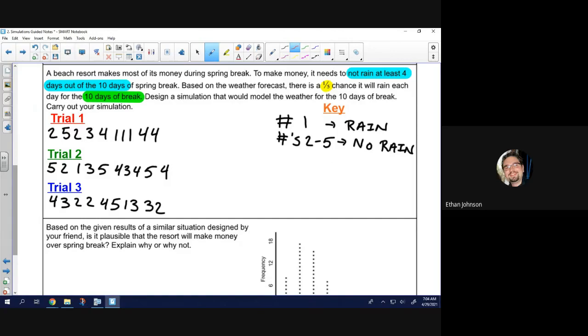So looking at our trials, I have a 1, 2, 3, 4, 5, 6, 7. So 7 of the 10 are not rain. So because of that, yes, they make money.